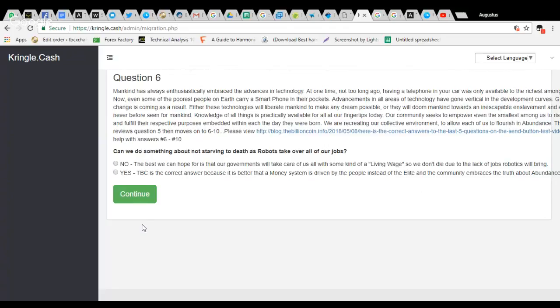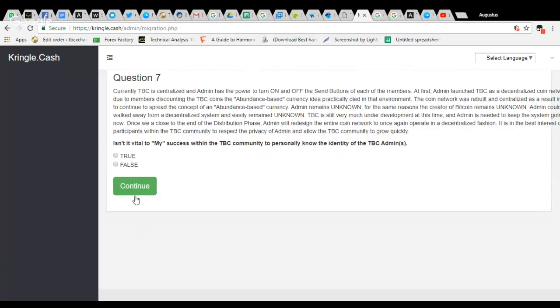No, the best we can hope for is that our government will take care of us all with some kind of a living wage, so we don't die due to the lack of jobs robots will bring.